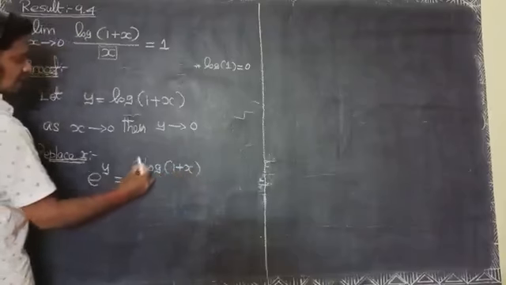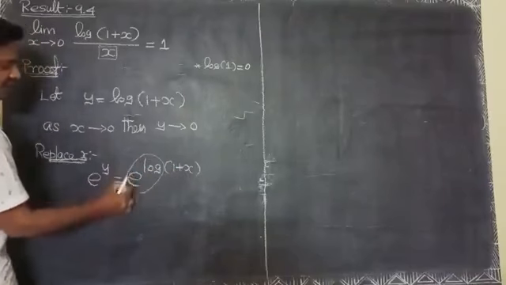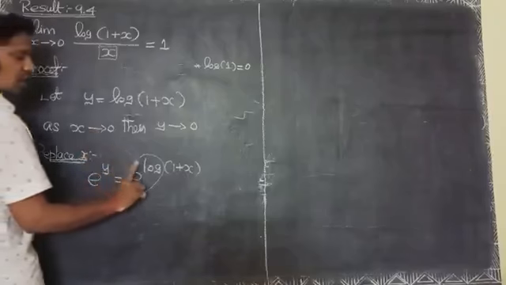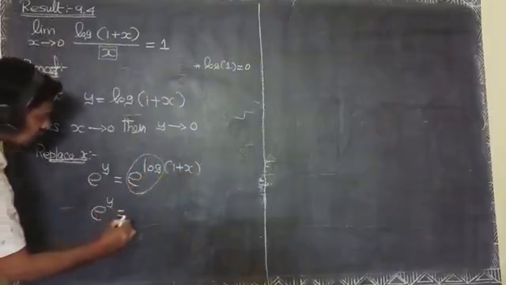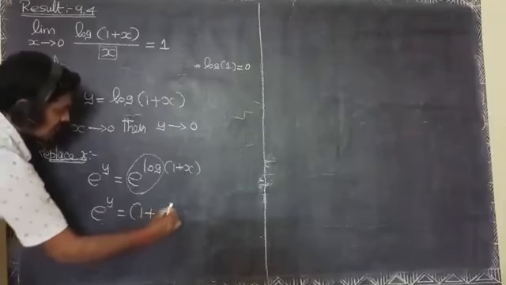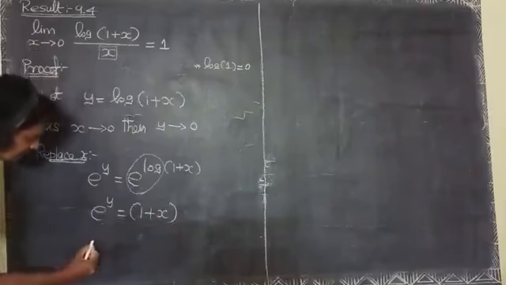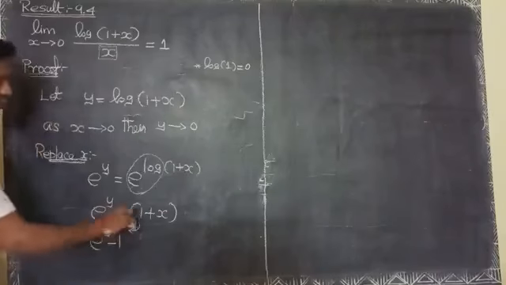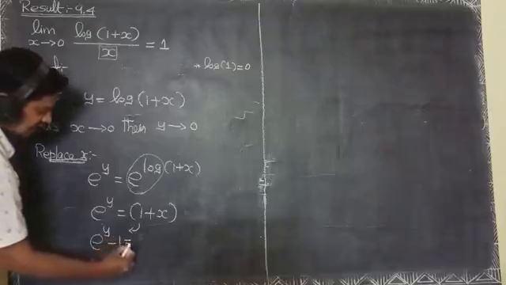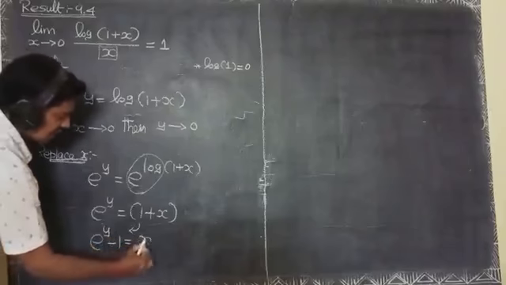Exponential and log are inverse functions, so e power y is equal to 1 plus x. Then 1 goes to the left hand side with a negative sign: e power y minus 1 is equal to x.